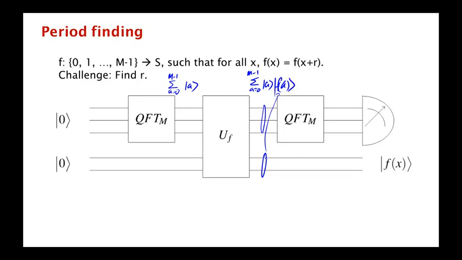And so now when you measure this, you will see some value of f of a, and then in the first register you'll have a superposition over a plus r, a plus 2r, and so on. So these are your multiple slits that you've carved, virtual slits.